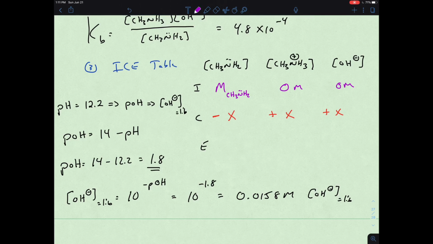So that's allowing me to plug that in here, and that's now my x value that I want to take plus 0.0158 molar for the change, or minus that value.